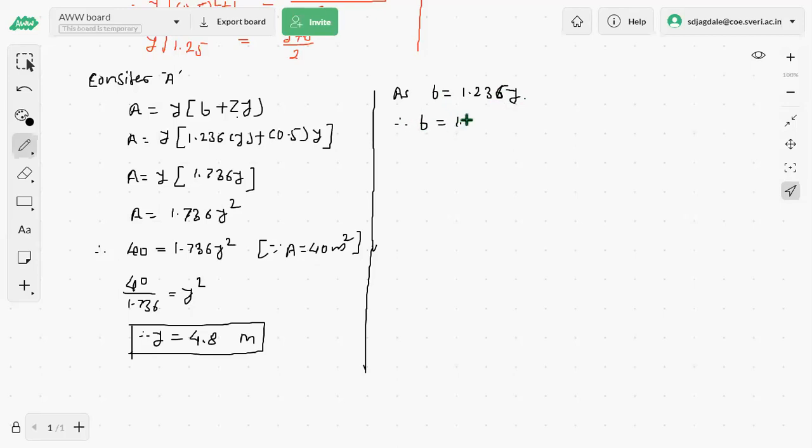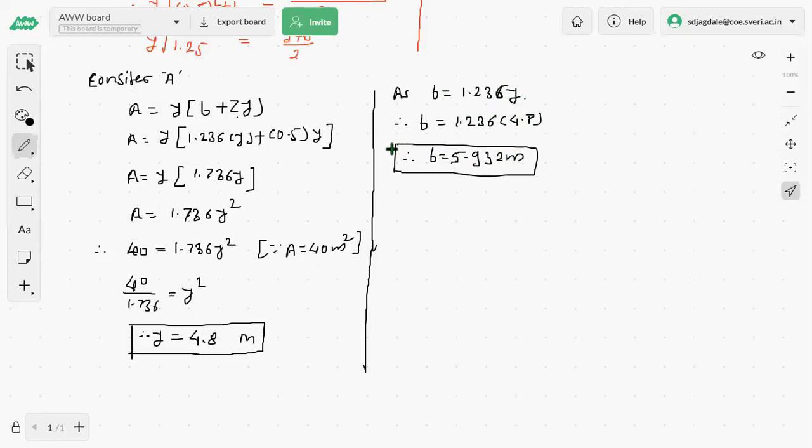Therefore, b is equal to 1.236 into y as 4.8. What is the magnitude now? 5.932 meters.